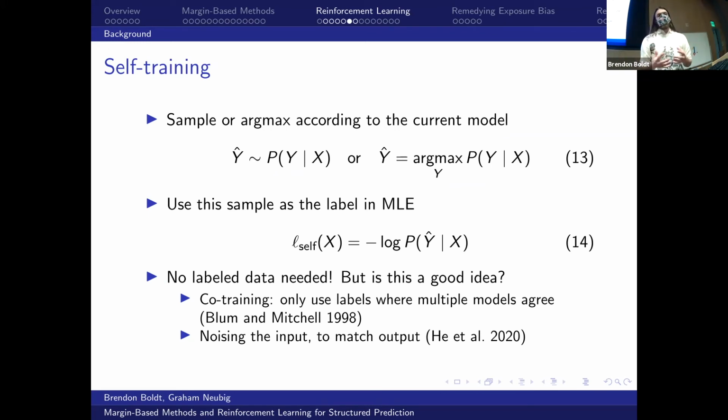But I think self-training comes into its own more when you look at the innovations on it. For example, co-training, where you have an ensemble of models, and only when all of these models agree do you actually use that label in self-training. By leveraging the uncorrelated errors of an ensemble of models, you can get better self-labeled data.